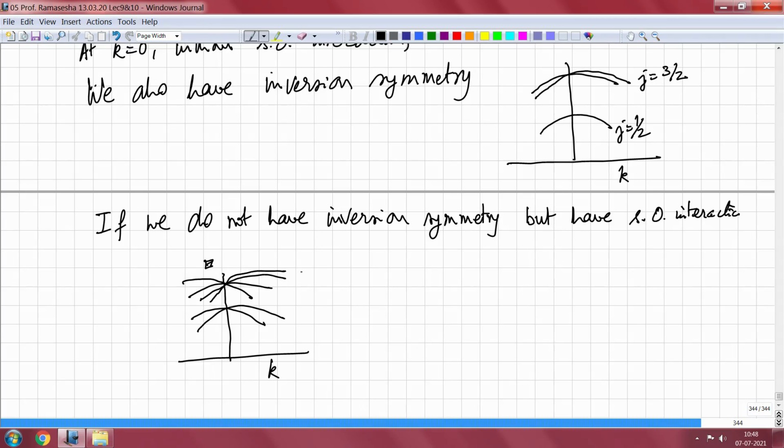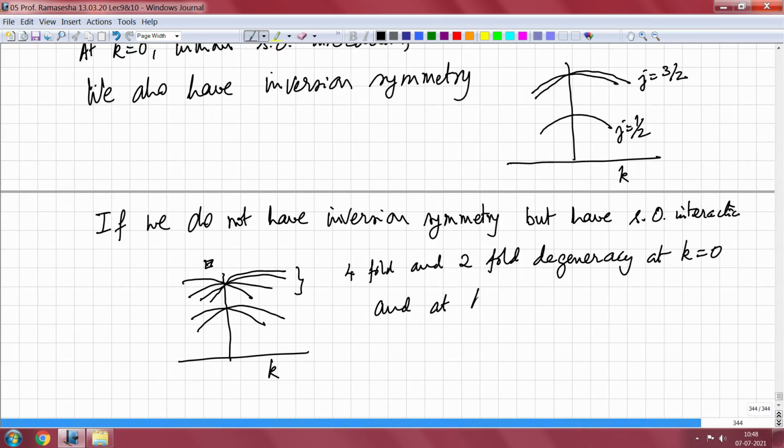Okay, so you have 4-fold degeneracy and 2-fold degeneracy at k equal to 0, and at k not equal to 0 the bands are fully split.